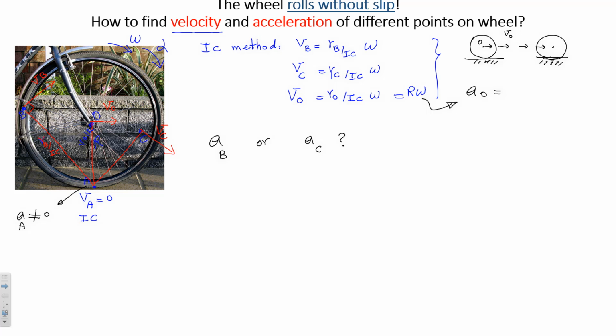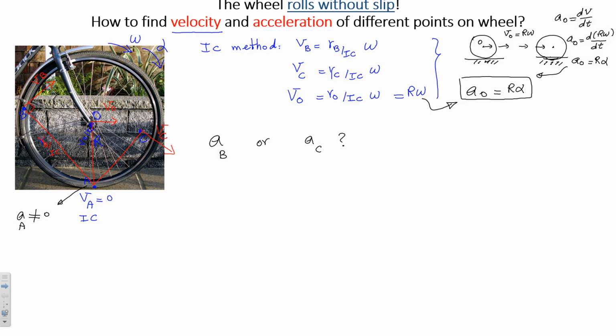We know velocity of O is equal to R omega. In rectilinear motion, acceleration is always equal to dv over dt. So acceleration is equal to d(R omega)/dt. R is constant, so acceleration of point O is equal to R d omega over dt, or R alpha. So we have the acceleration of point O, R alpha.